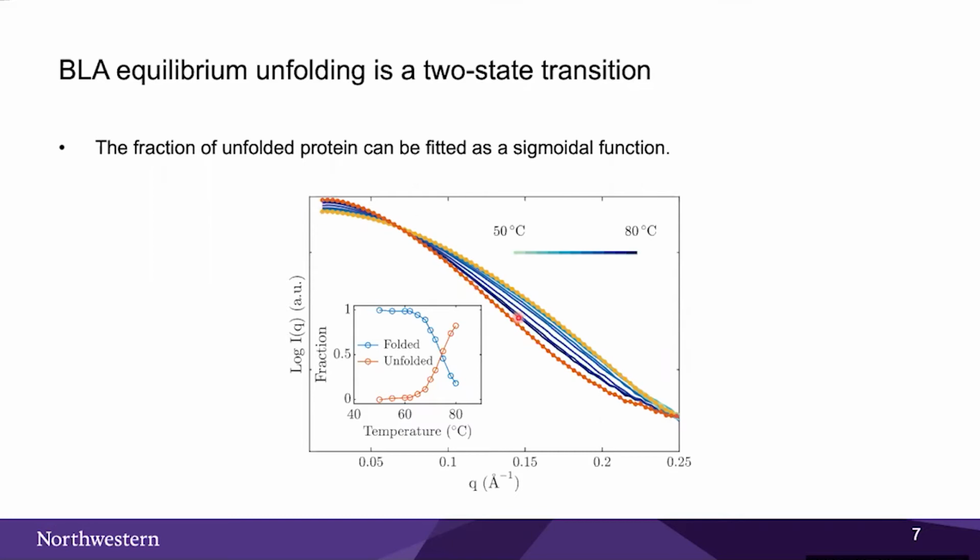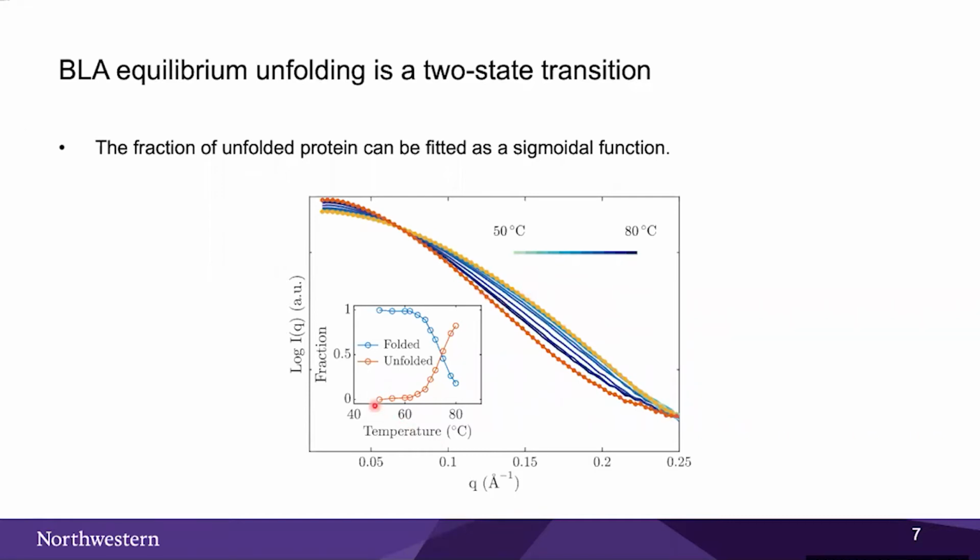So in the middle, these thinner lines are scattering patterns as a function of temperature, and the yellow dot is the fully folded scattering pattern. The red dots are fully unfolded ones. You can use these two scattering patterns to fully model all the curves in between without the need of using a third state.